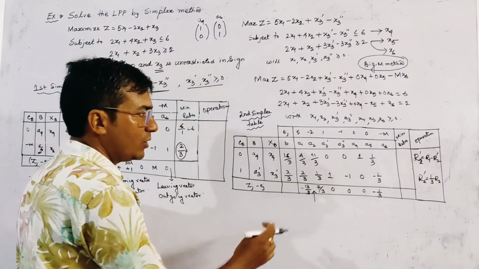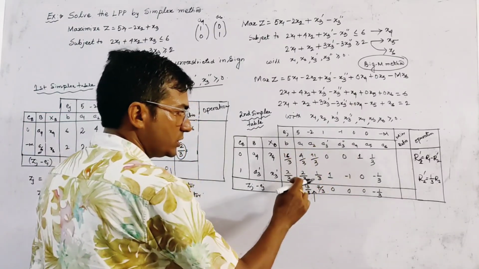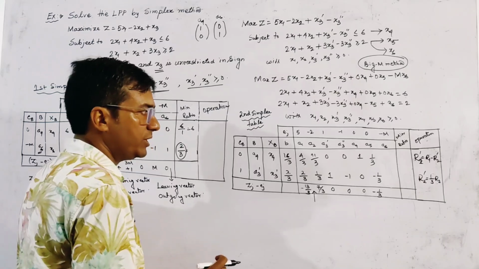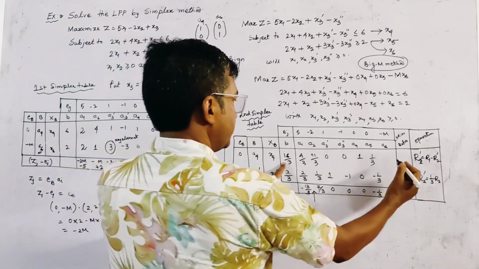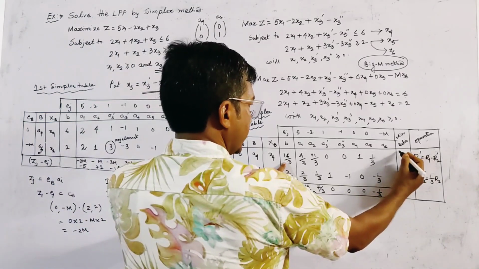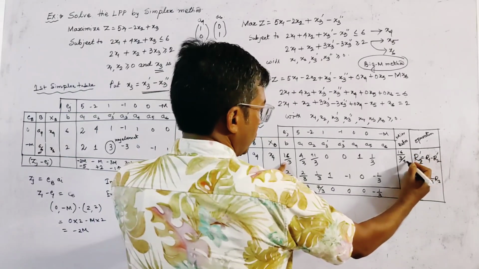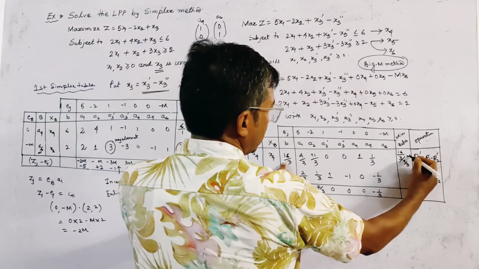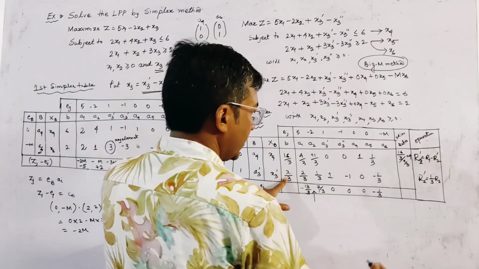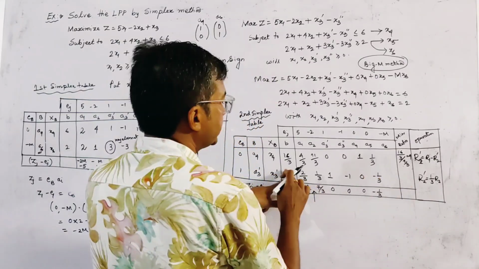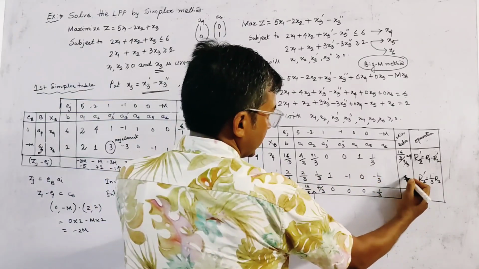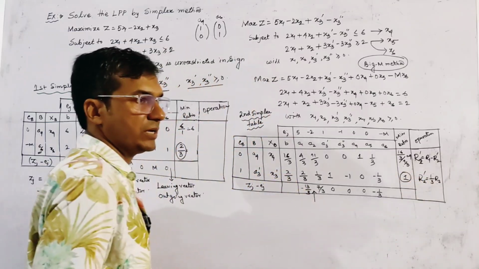Okay. Now we find out the min ratio. What are the min ratios? The first min ratio is 16/3 by 4/3, and this is equal to 4. And the second min ratio is obviously 2/3 by 2/3. This is 1. So this is minimum, right?